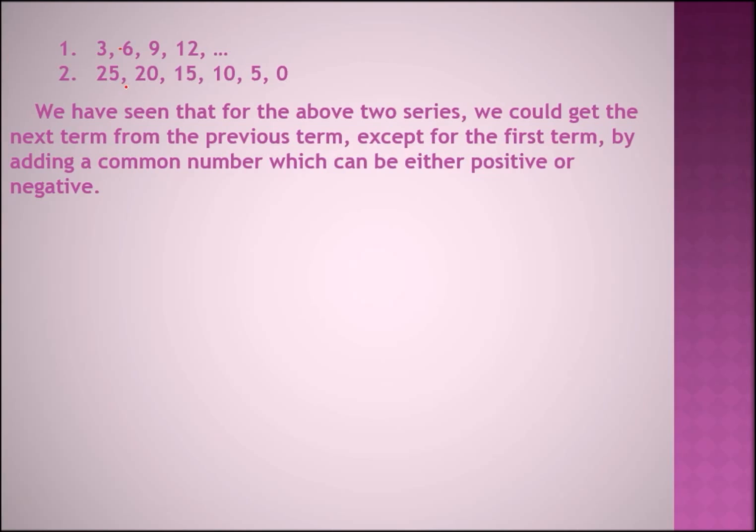So 25 plus -5 gives us a 20. 20 plus -5 gives us 15. So the common number can be either positive or negative. In the first case, we are having a positive common number, whereas for the second case, we have a negative common number which has to be added every time.